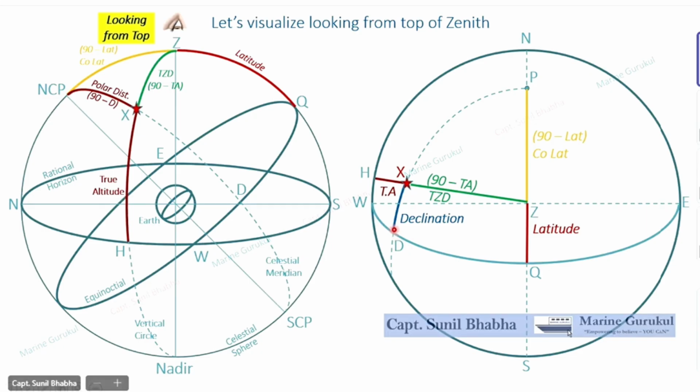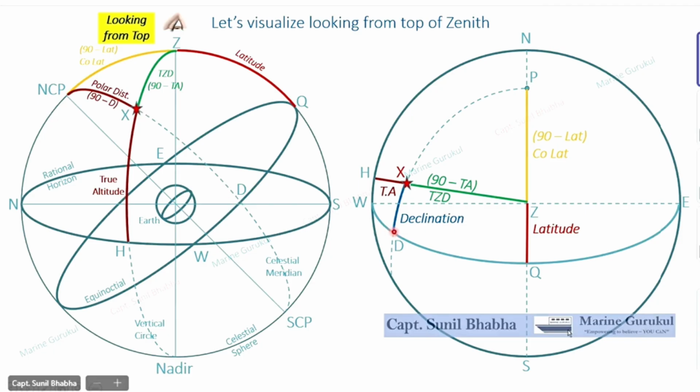So the arc of the celestial meridian contained between the equinoctial and the center of the body is the declination of the body. So DX is the declination. You can correlate it in the celestial sphere diagram also. D point on the equinoctial, X point the celestial body, D to X is the declination.